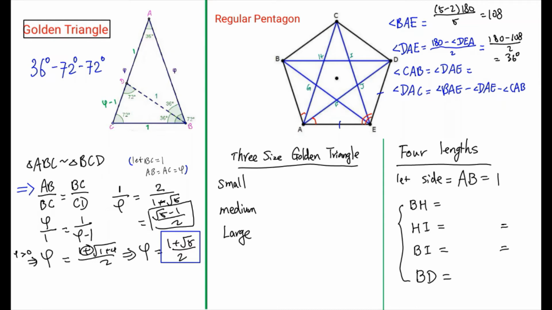Angle CAB over here is equal to DAE, so it's also equal to 36 degrees. Angle DAC over here is equal to BAE minus DAE minus CAB, which means it is equal to 108 minus 36 degrees minus 36 degrees, which is equal to 72.